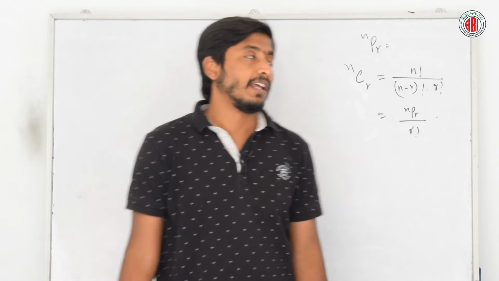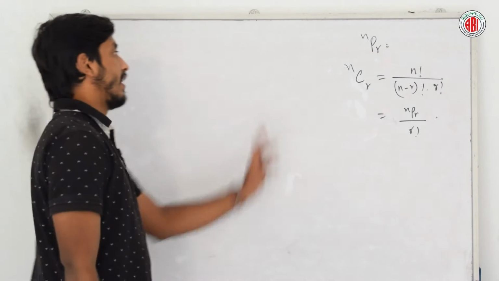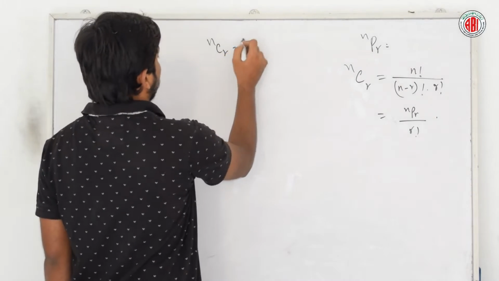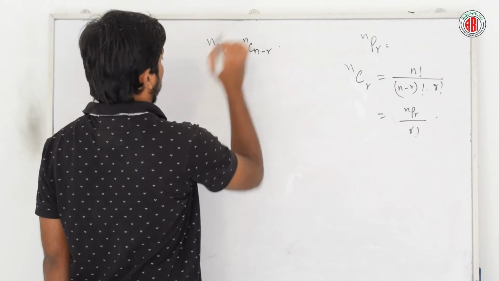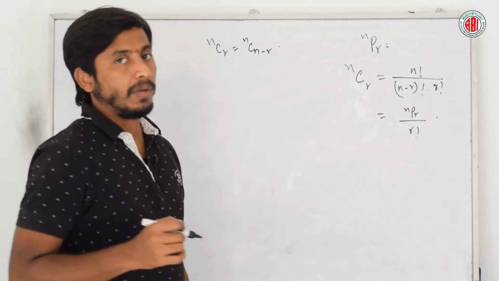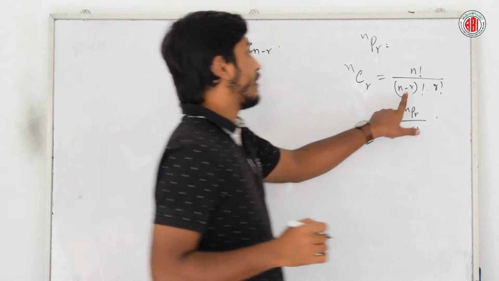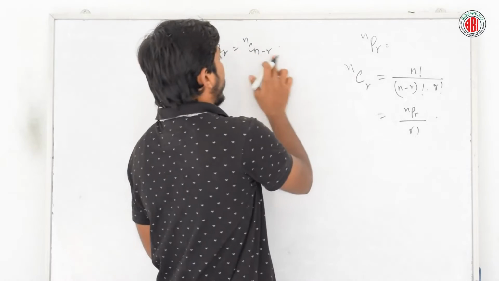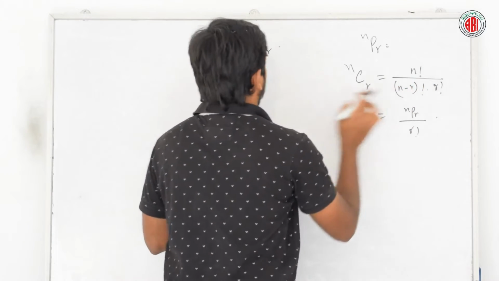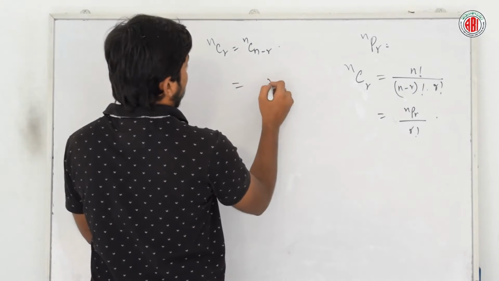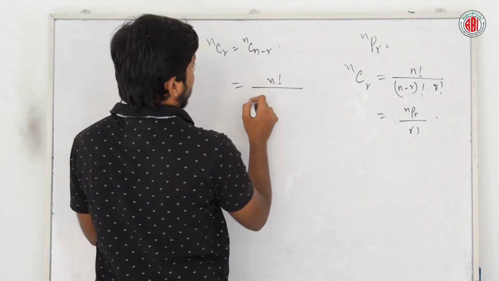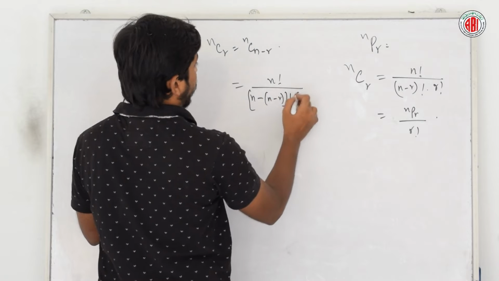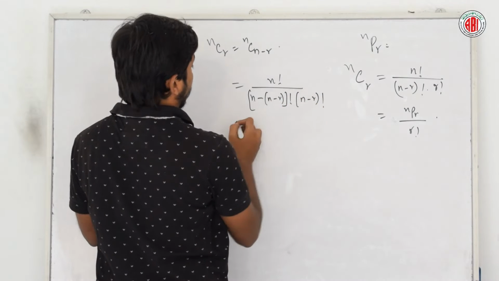Clear? Fine. With the help of this nCr, we have multiple formulas, like nCr can be written as nC(n minus r). Both are the same. How do we show that? Just see here, if I put n minus r in this formula, we write n factorial by (n minus r) factorial into (n minus (n minus r)) factorial.